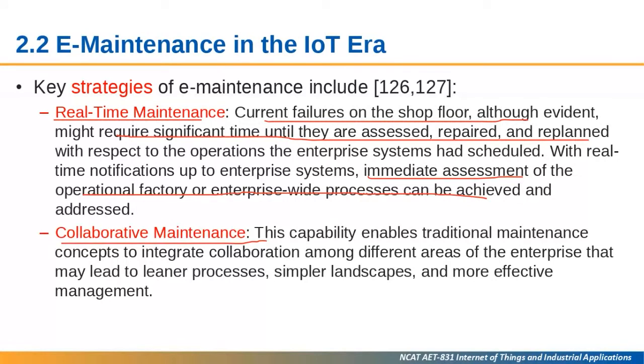In that case, it requires different experts. So by using e-maintenance, different experts can collaborate using a maintenance IT platform, and then they can work on the machine at the same time, which reduces the cost and increases the efficiency.